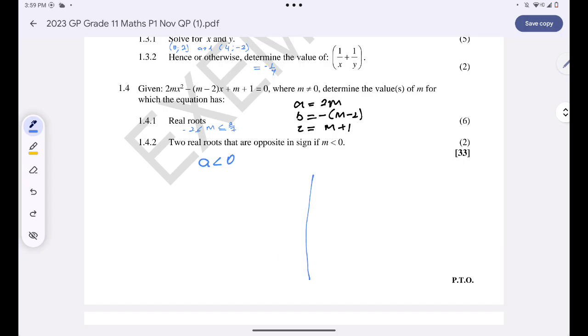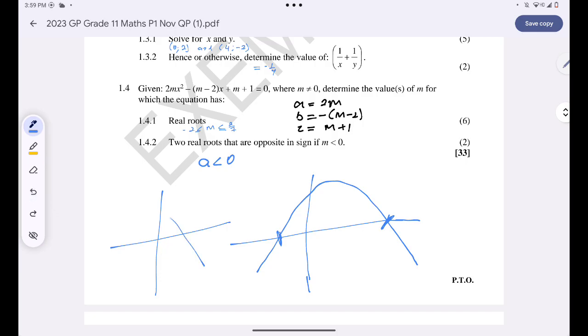So if this thing has two roots that are opposite in sign, check here. If your graph is like this, you'll have answers which have two different signs. This one is positive, the other one is negative. Are you together? Please check, whenever the turning point is on the other side, it's still the same, guys. Negative and positive solution.